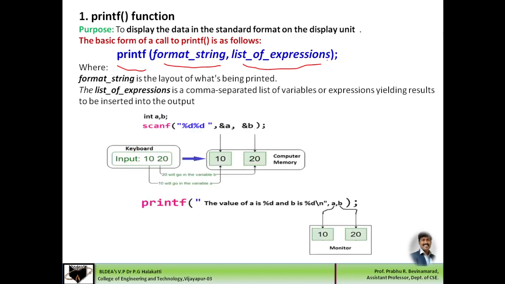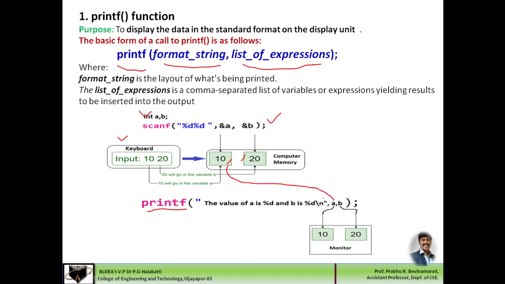Let us consider an example. Here I have declared two variables of type integer. This particular step will read the data from the keyboard. When data is read from the keyboard, it will be stored in the respective memory locations. When we write a printf statement, the printf statement will extract the data from the memory location and display it on the screen.